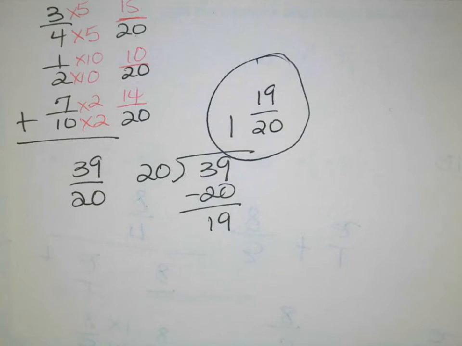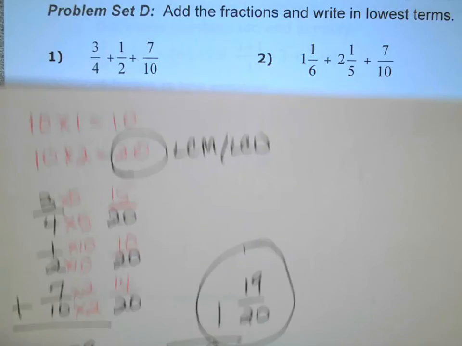Don't forget that. Because I tell you, I have so many students that keep going. I'm going, how can you reduce that? You can't reduce it. So you need to know when to stop, okay? And what I'm telling you is when the only factor that will go into the numerator and denominator is 1, you're done. Circle that, okay? So let's put that answer down.